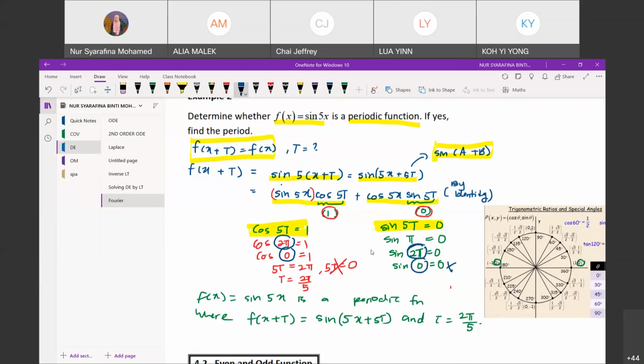So we take 2 pi here, and then 5T equals 2 pi. That's why T equals 2 pi over 5. So sin 5x here is a periodic function where f(x + T) equals this, where T equals 2 pi over 5. Understand or not?